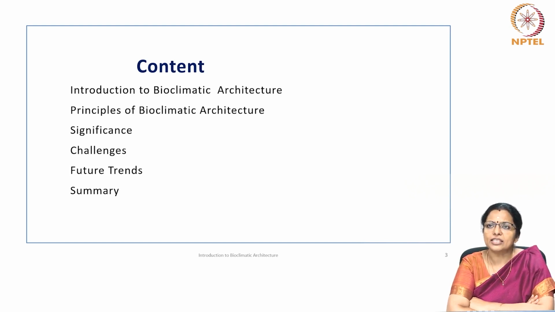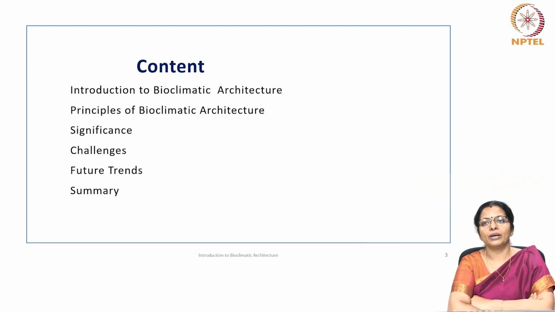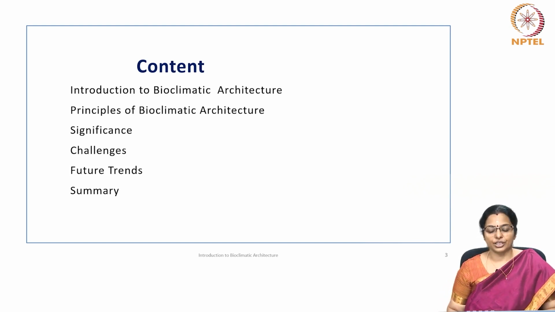We will cover its basic principles, why it is important, and the benefits it brings, such as saving energy and creating healthier spaces. We will also look at real examples to see how it works in practice. While there are challenges, we will also discuss exciting future trends that are making our buildings even more sustainable and comfortable. By the end, you will have a better grasp of how bioclimatic architecture is shaping the future of building construction.